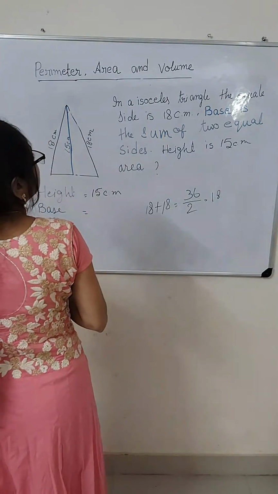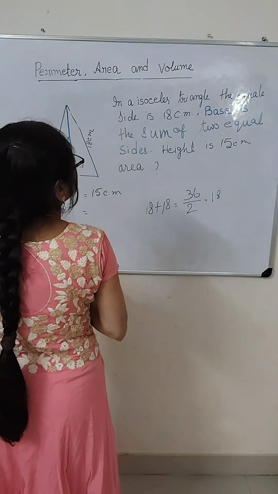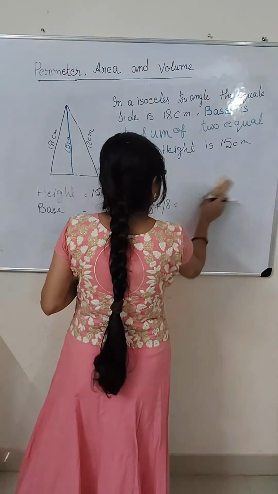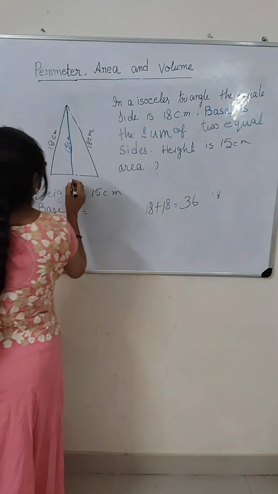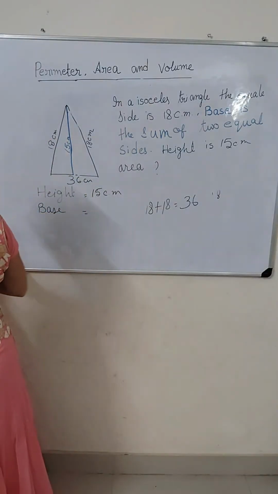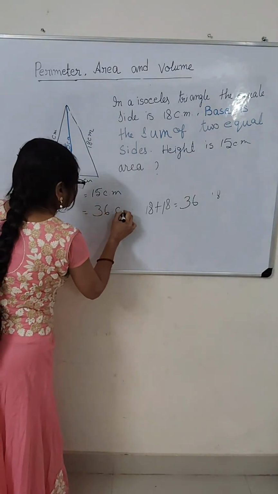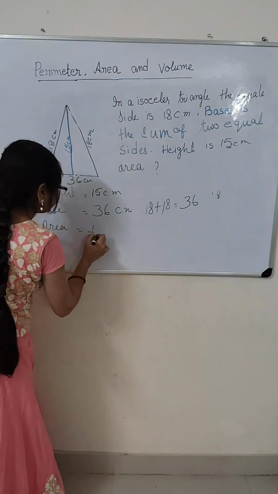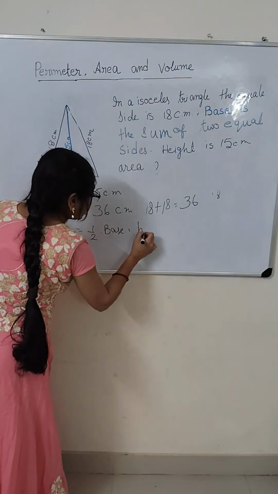I changed it a little bit. The sum of means 36. It is 36 centimeter. Now area, put. Half into base into height.